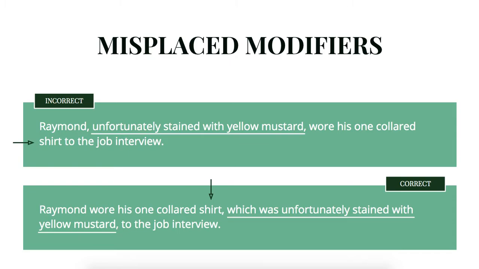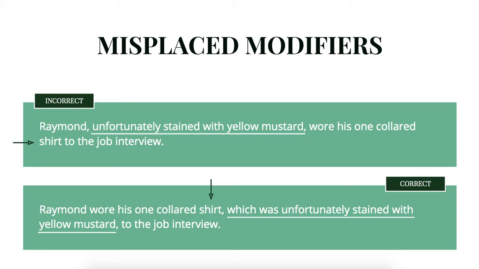What we really want to say is this. Raymond wore his one collared shirt, which was unfortunately stained with yellow mustard, to the job interview. Now, if we look at the correct sentence, we can see that what we've done is we've taken the modifier and put it directly next to what we want to modify, which is his shirt.